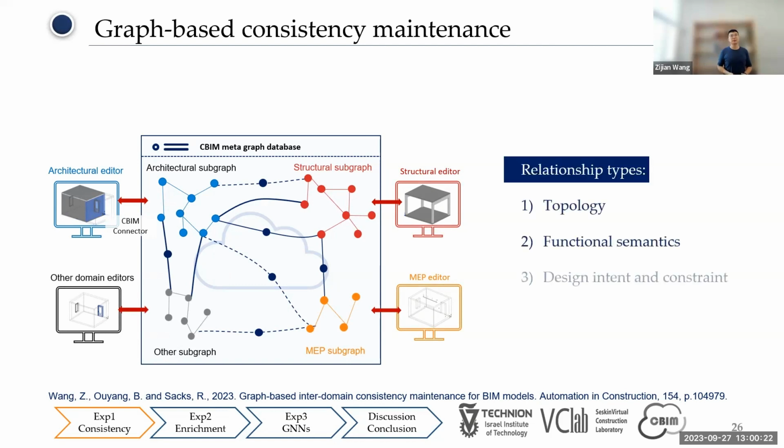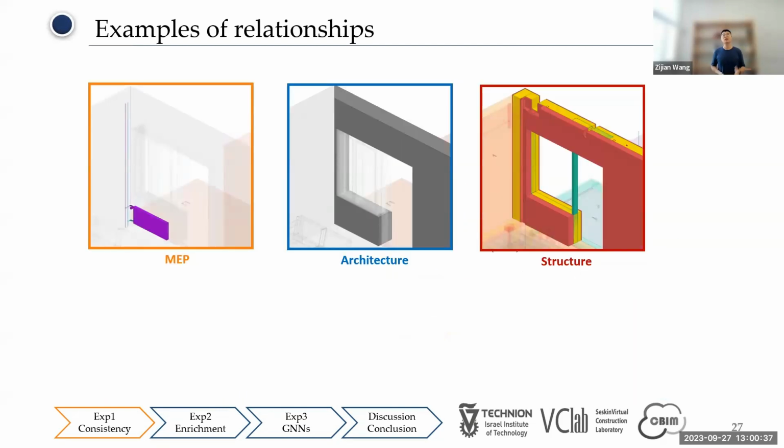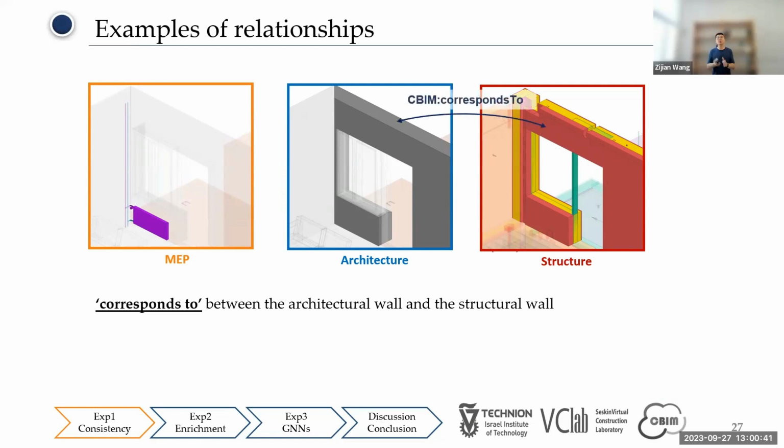Those relationships could be topology, which describes the facts of two objects in 3D space, and they could be functional semantics, design intent and constraints. For example, there is an architecture wall and a structure wall. Between them, we put the C-BIM corresponds-to relationship, which is a functional semantic.